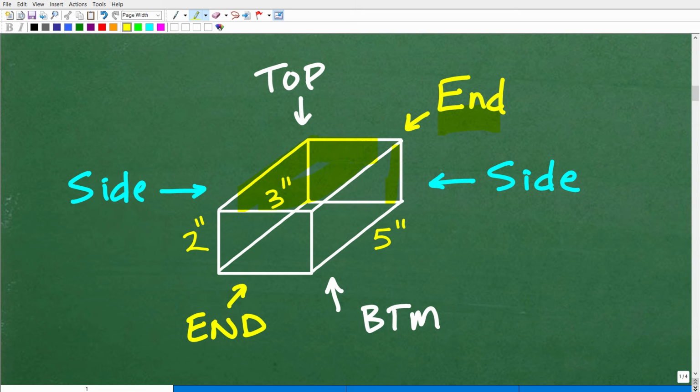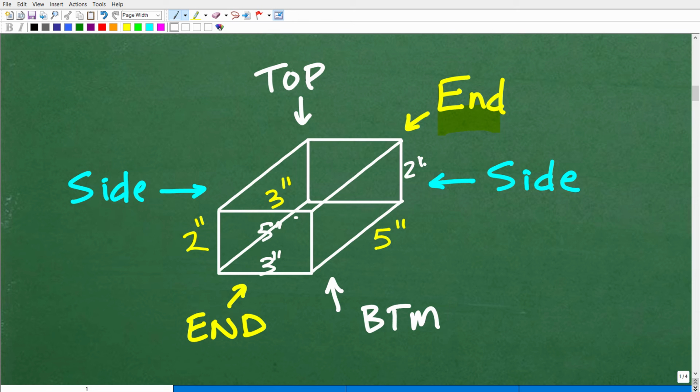But again, these are going to be the same dimension. And what would be the dimensions of these things? Well, it would be 3 by 5, right? So we have a 3 by 5 right here and a 3 by 5 down here. So anytime you're dealing with a rectangular box, these dimensions are going to be the same, i.e. this is 3 down here, or this is 3, this would be 3 inches as well. This is 5 inches, this would be 5 inches, etc., etc.